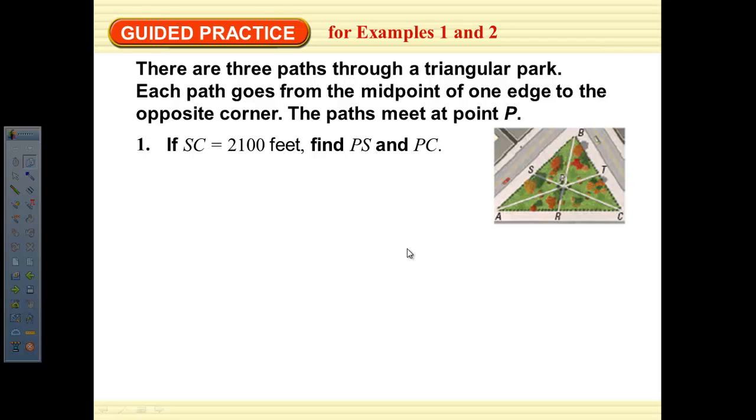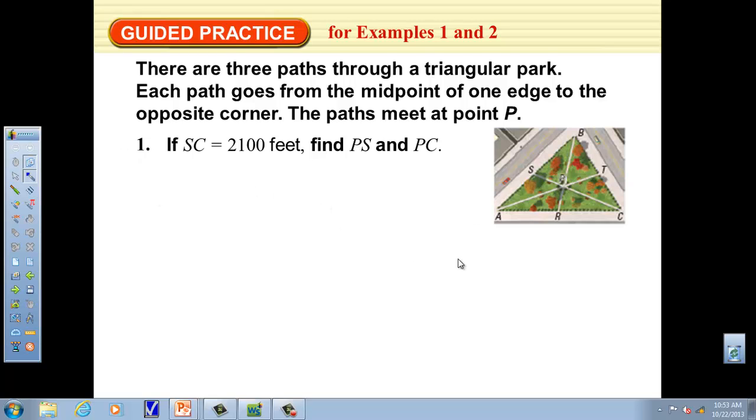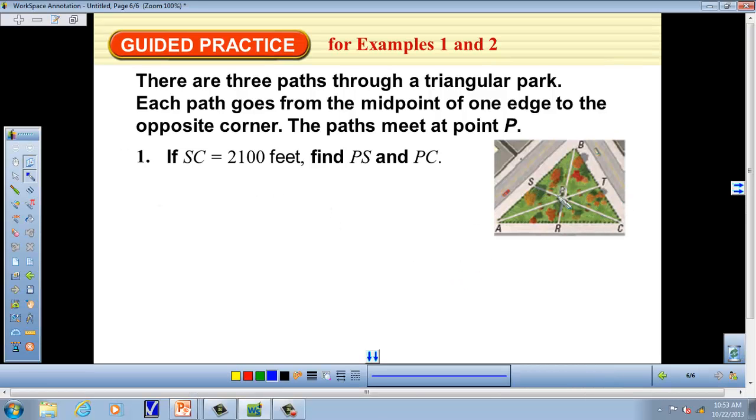Alright, here's another one. If we look carefully, we can see SC is right here. The whole length is 2100. This is the part that I'm going to cut in half, and if the whole thing is 2100, that means this is 700, this is also 700, and this is 700.